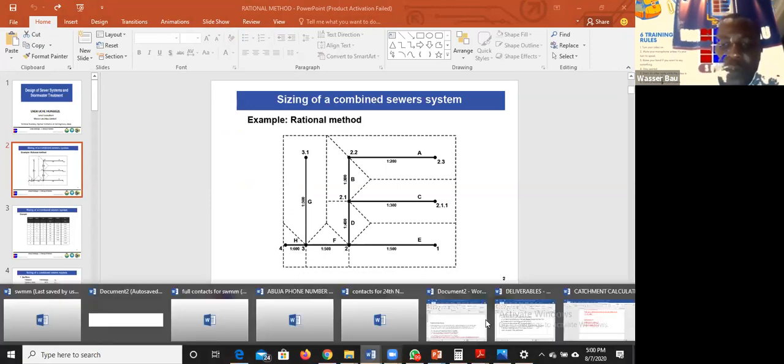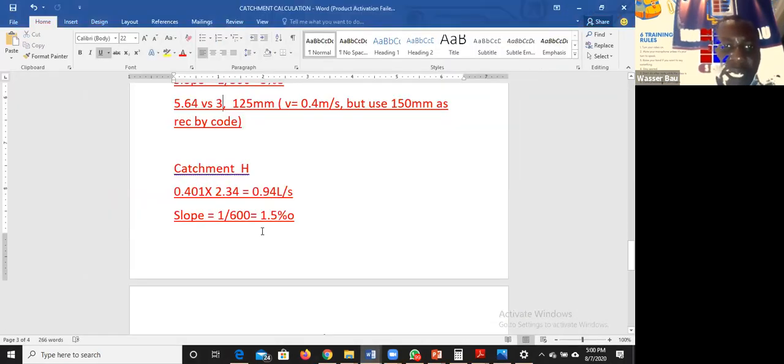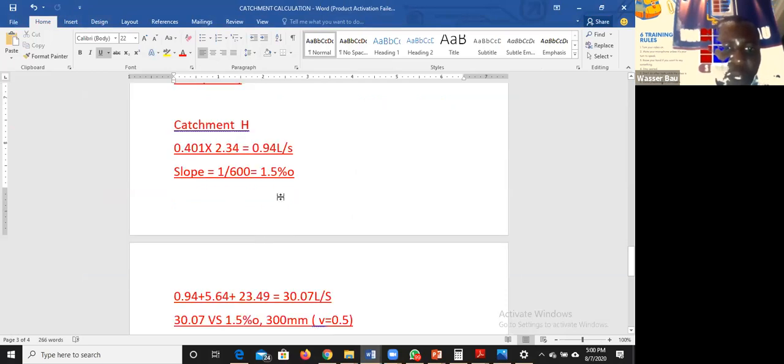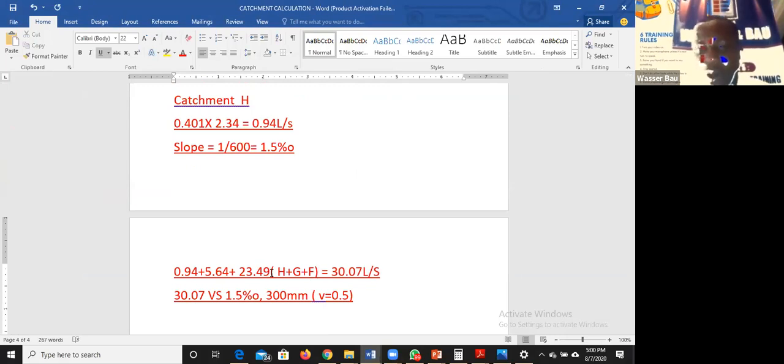Therefore, in the calculation, you now understand that H is this, but because there are other tributaries, its contribution is from itself, G and F. So what you have here is H plus G plus F. And that value will give you 30 liters per second.